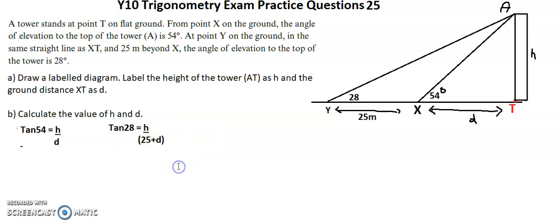So now we've got our two relationships. We want to get H by itself, so we times both sides by our denominator.